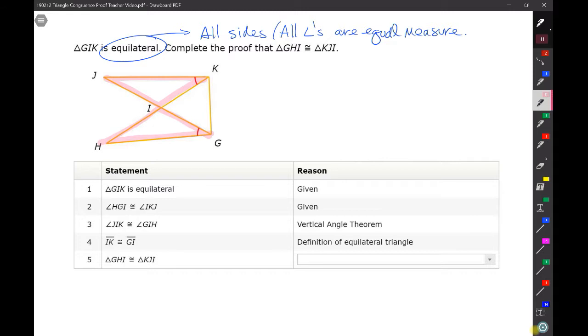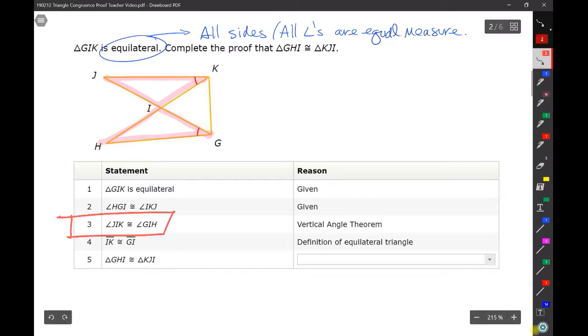Now, this proof is already set up for you, so you don't have to do a whole lot of hunting and pecking. They tell you right here that angle JIK, this angle right here, is congruent to GIH, this angle right here, and they give us the reason: those are vertical angles, right? Vertical angles are always congruent.